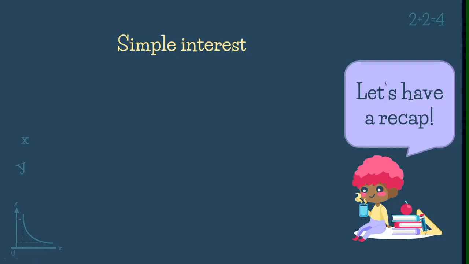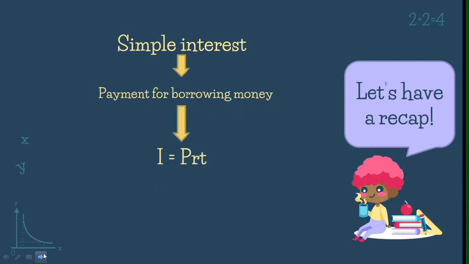So before we end, let us first have a recap. For today, we've discussed simple interest. According to the discussion, simple interest is the payment for borrowing money. Ito po yung charge ni lender kay borrower sa paghiram niya ng pera. We have the formula I is equal to PRT kapag interest po yung hinahanap.